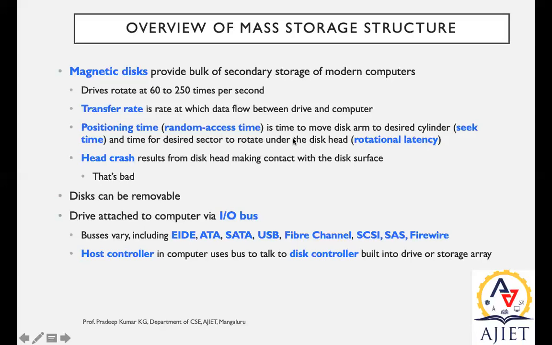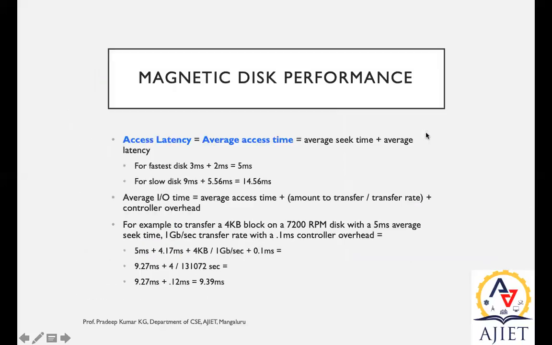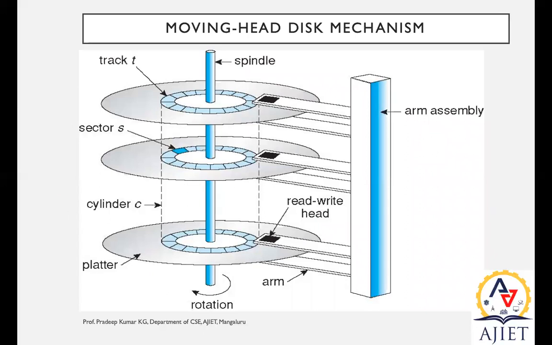Positioning time is the time to move the disk arm to the desired cylinder. Now we have this particular cylinder. This entire thing is called a cylinder, the dashed line. Please follow my cursor. Each cylinder may have n number of platters. This is a platter.